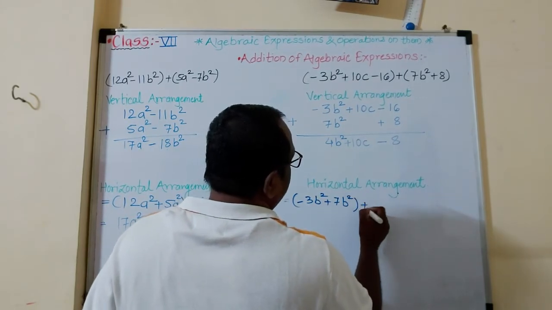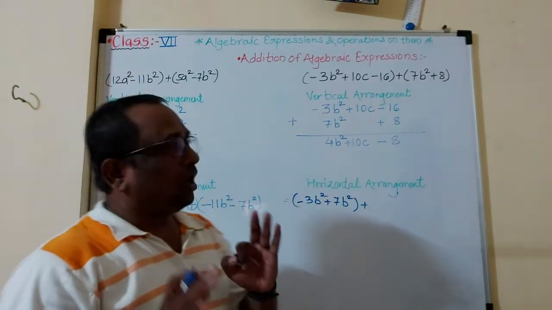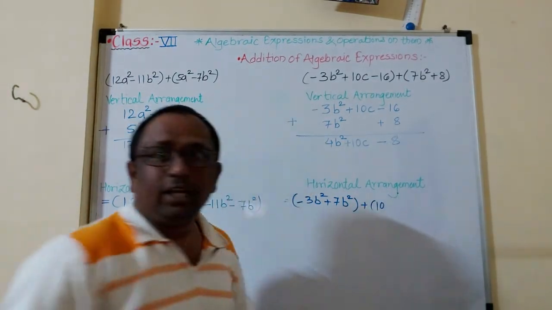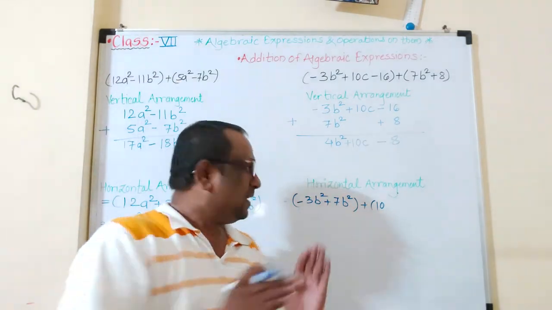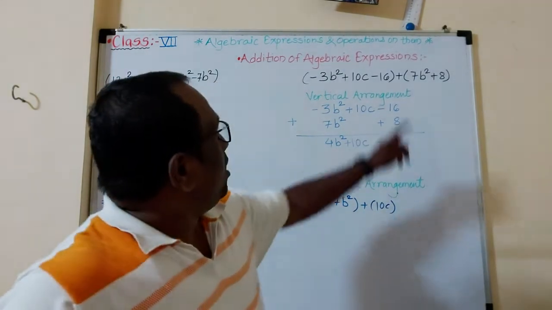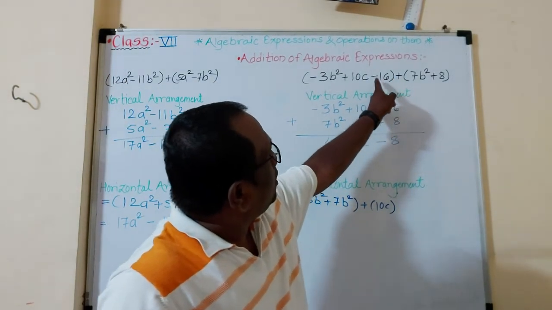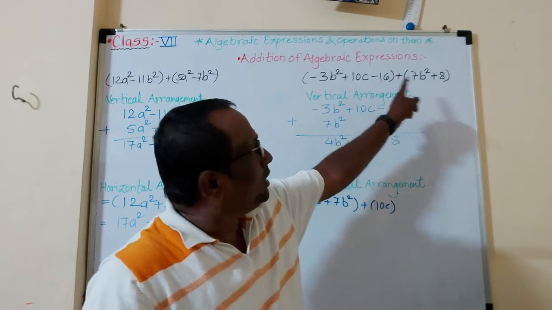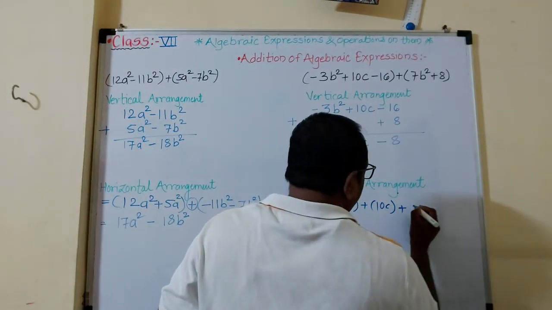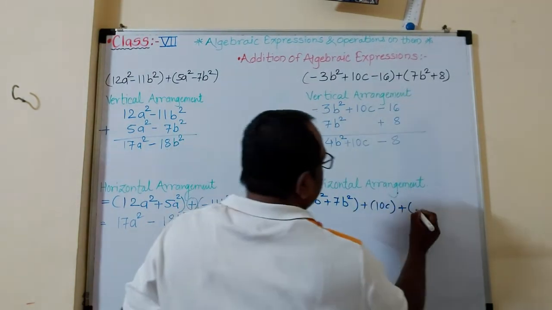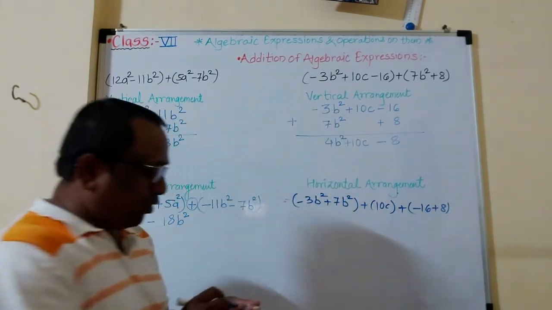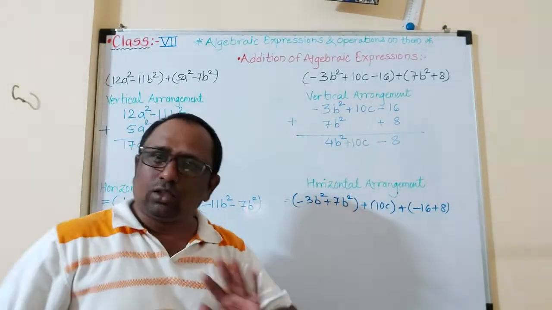Plus 10c having alone, no like term, so we'll keep the 10c in a bracket alone. Then this minus 16 and plus 8. So we have to do addition, that's why minus 16 plus 8.